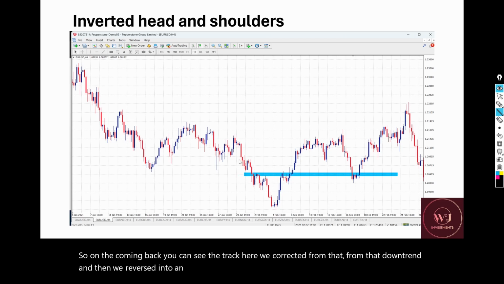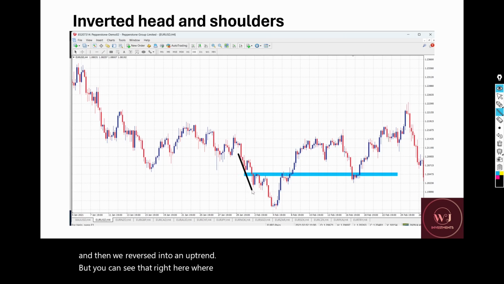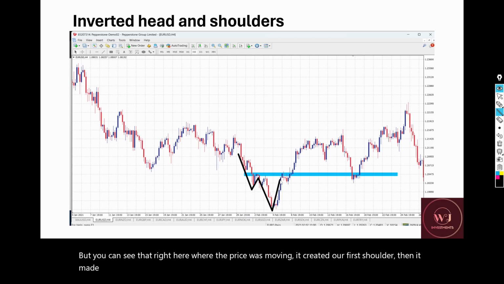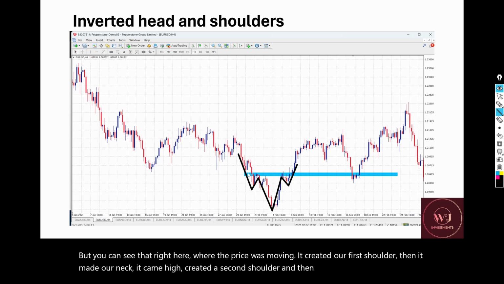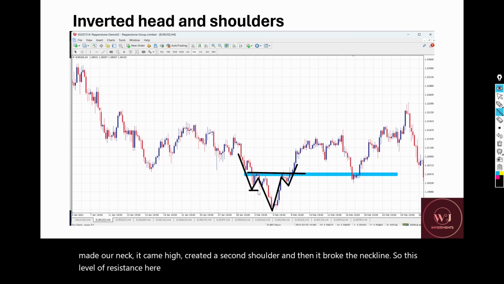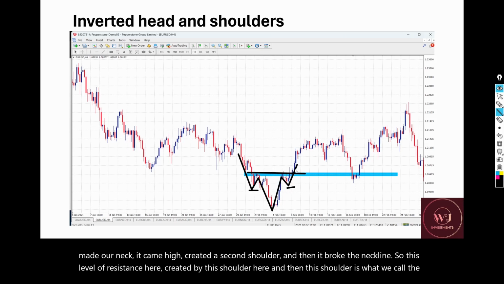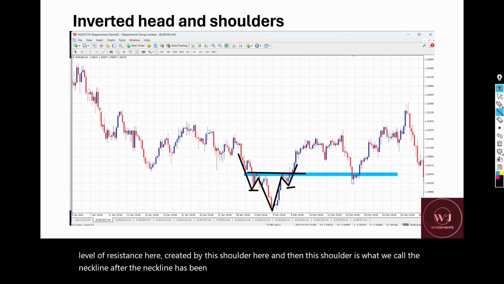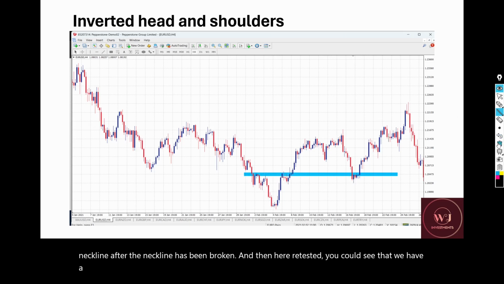But you can see that when the price was moving, it created our first shoulder, then it made our head, it came high, created a second shoulder, and then it broke the neckline. So this level of resistance created by this shoulder and this shoulder is what we call the neckline. After the neckline has been broken and then retested here, you could see that we have a clear wave up.